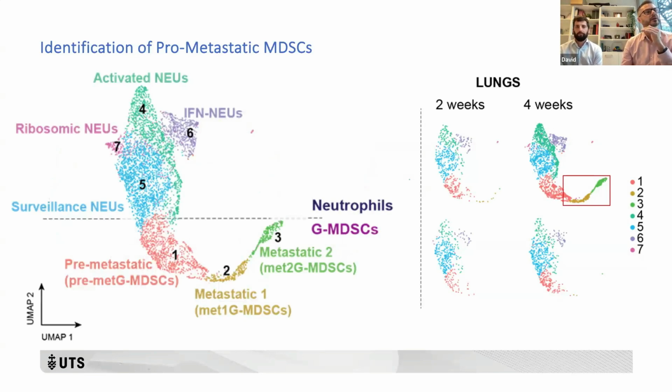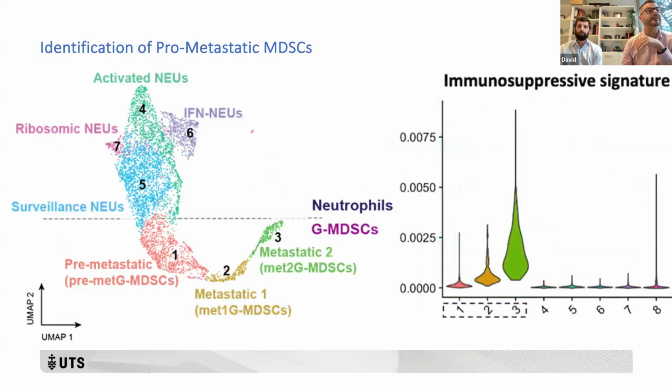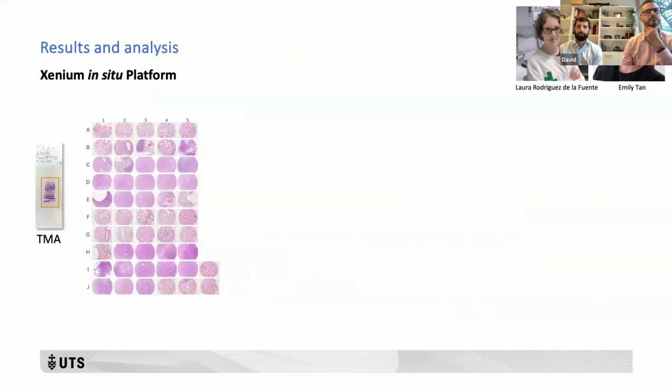All the clusters at the top are neutrophils, consistent with canonical neutrophils and differentiated in different stages of activation. The ones in clusters 1, 2, 3 at the bottom of the dotted line, we classified as prometastatic neutrophils. This was also based on their ability to suppress the immune system, so they were immune suppressive populations. As you can see, the green one is very, very immune suppressive compared to any of the other populations.